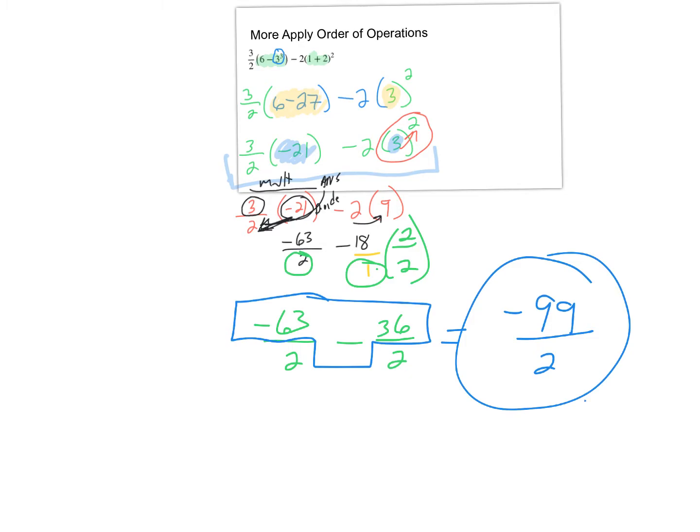Some teachers may say, nope, you have to put it in proper form. So how many times does 2 go into 99? That's going to be 49 times with a remainder of 1/2. Again, depending on your teacher, I think this is okay. But some teachers may say you've got to put it in proper form. So that's up to your teacher. All right, let's move on.